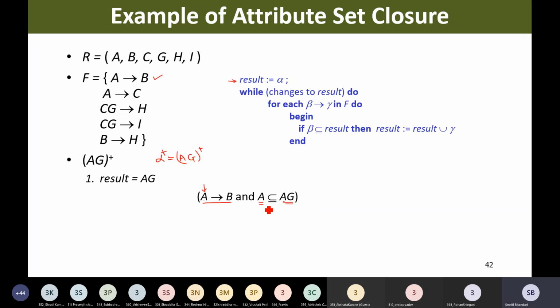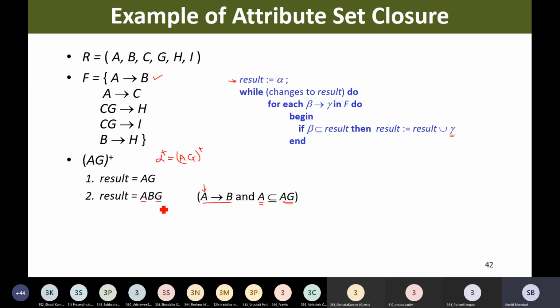Yes. So if A is a subset of AG, we need to update our result such that result equals result union gamma, that means the right hand side.